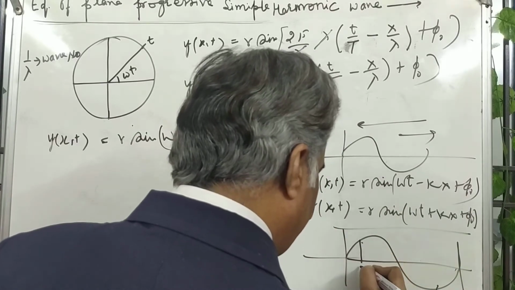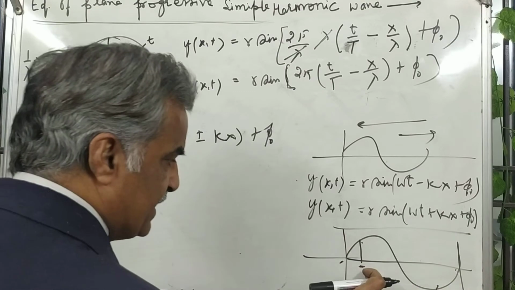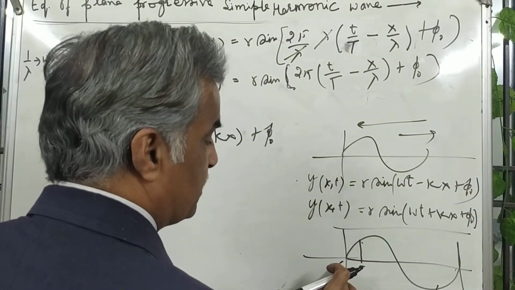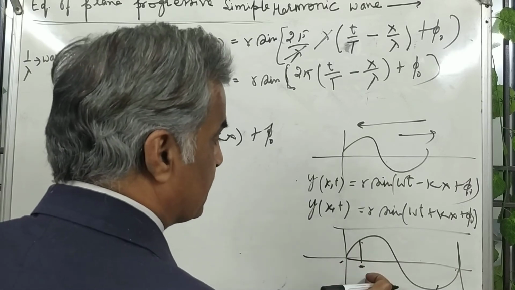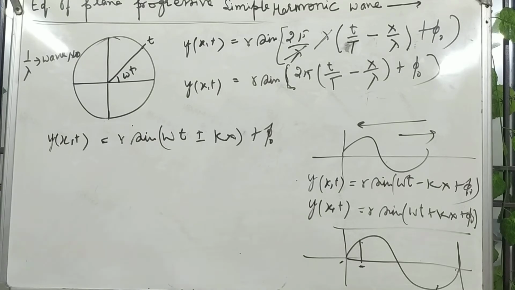So this particle will vibrate first, and this secondary one later. So the phase angle of this will lead with respect to this. So not decreasing, increasing. So that is the plus kx. That's why.